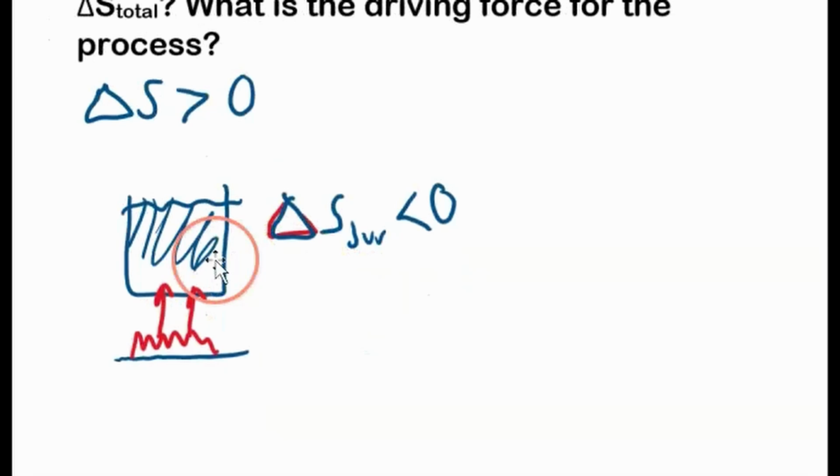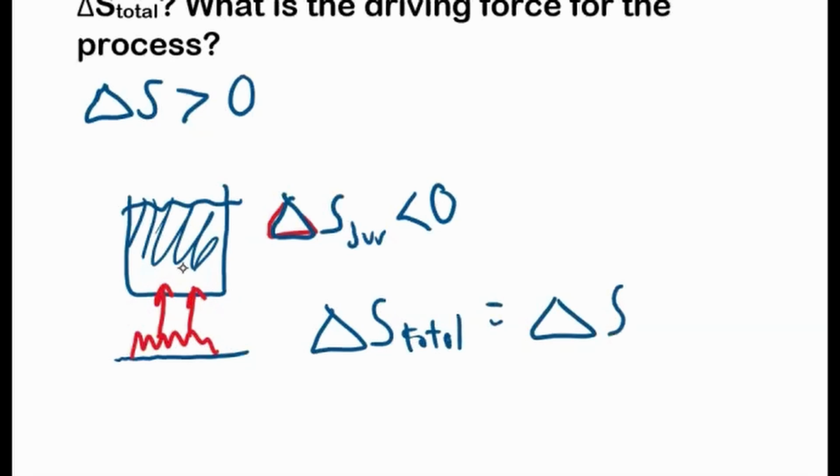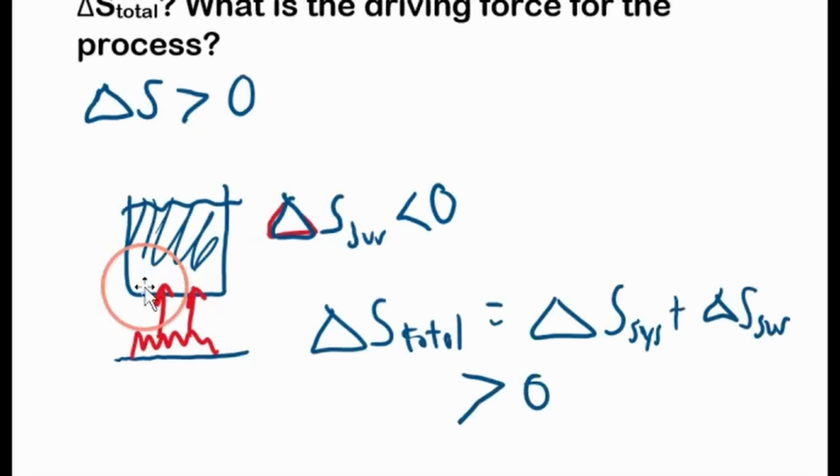But overall, if water is boiling, this is a process. So the change in entropy total, which is equal to the change in entropy of the system plus the change in entropy of the surroundings, always has to be greater than zero. Otherwise, this process won't occur. The change in entropy of the system has to be less than zero. No, sorry, it's greater than zero. Other way around.